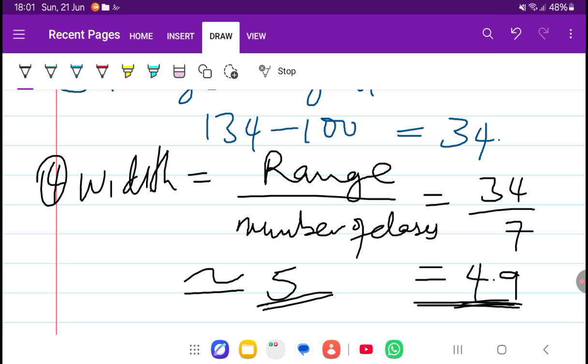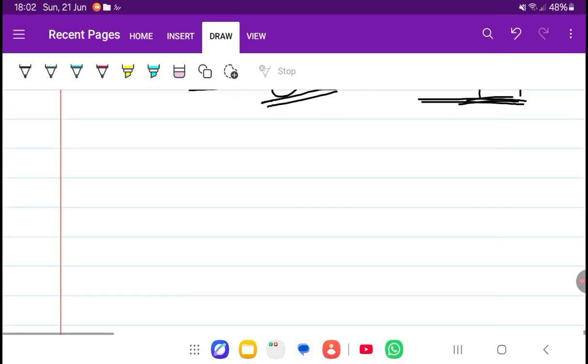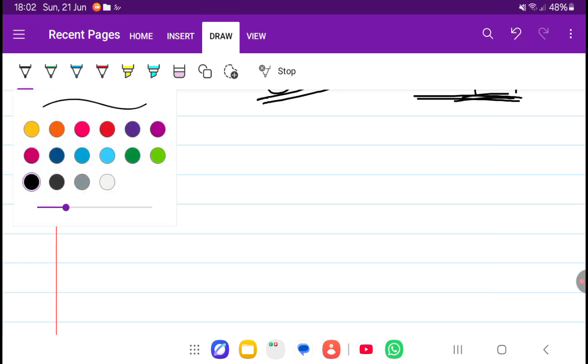So when we are done with that, we go to step number 5, of course, where we select the starting point. We said the starting point can be picked from the lowest value, and that starting point is always our lower class limit for that first class that we are selecting.